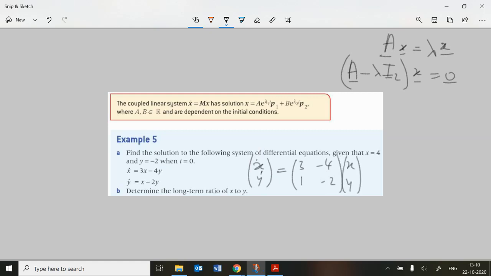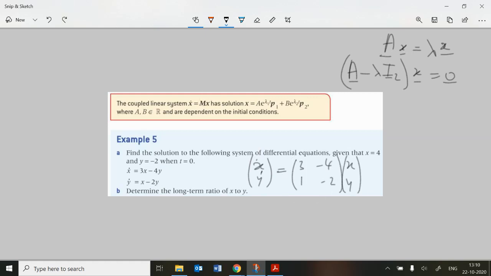That gives us out the two terms here. If we multiply these by these, we'll get out the answer for this. So we've just put it in vector and matrix form. Now our matrix, the M, is this thing here.